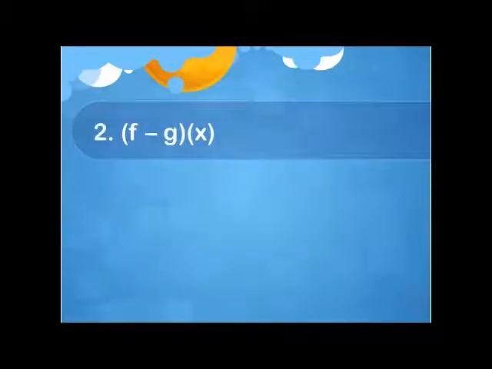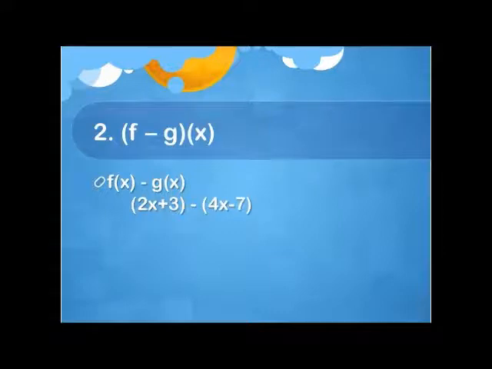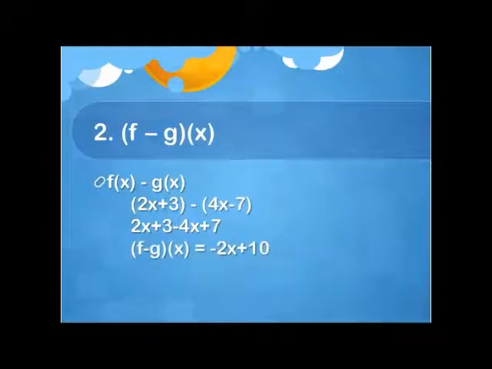When you have (f minus g)(x), take f(x) minus g(x) and replace f(x) with 2x plus 3 minus g(x), which is 4x minus 7. Then you distribute the negative and you get 2x plus 3 minus 4x plus 7, and then add the like terms. Then you get (f minus g)(x) equaling negative 2x plus 10.